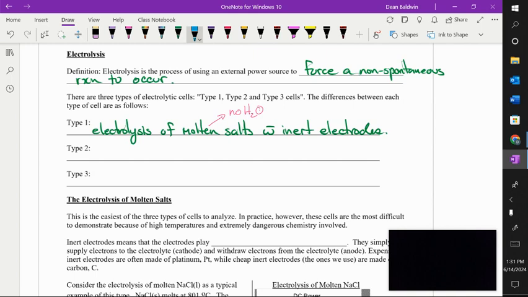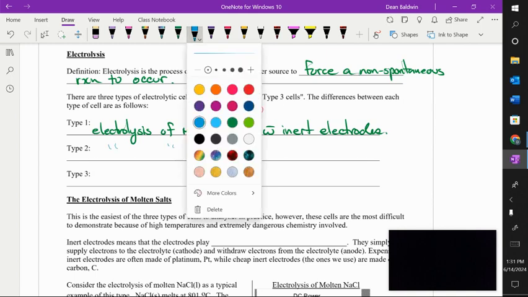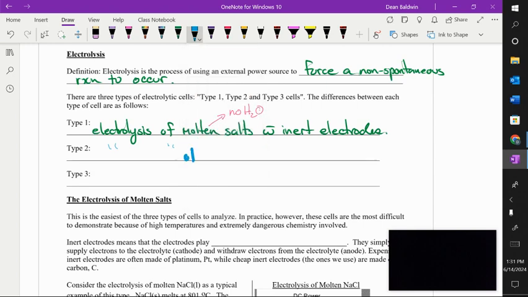Type 2 is the electrolysis of aqueous solutions with inert electrodes.